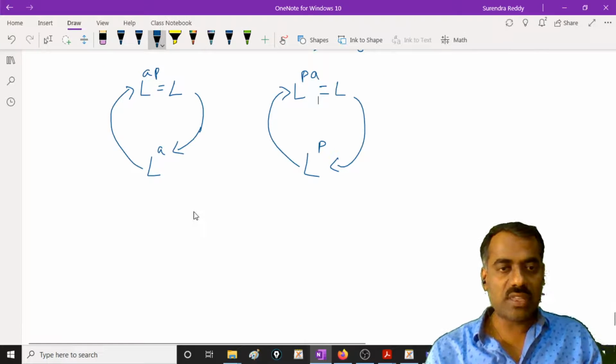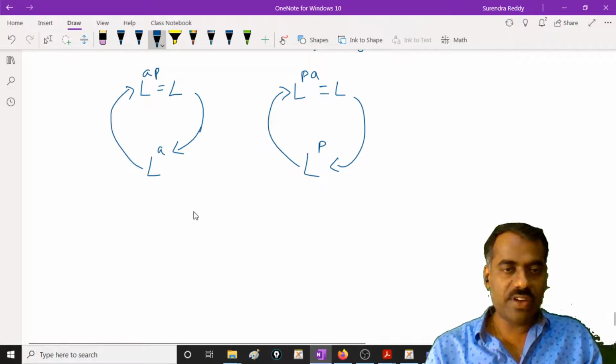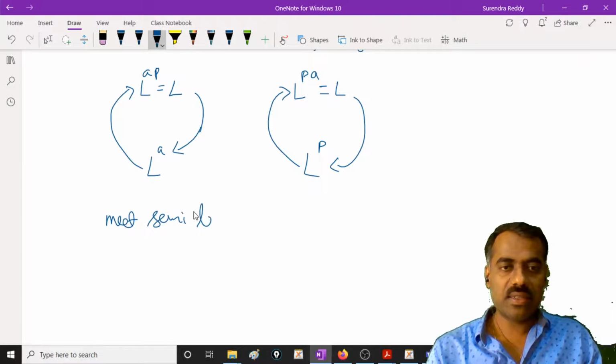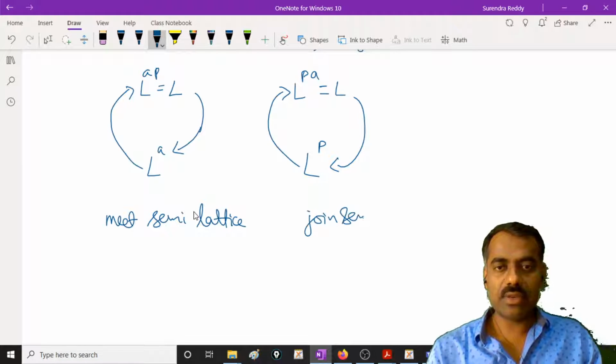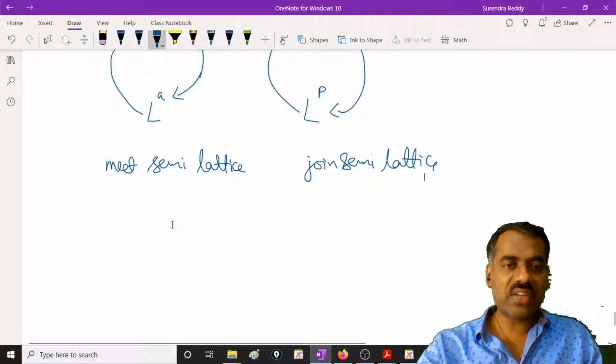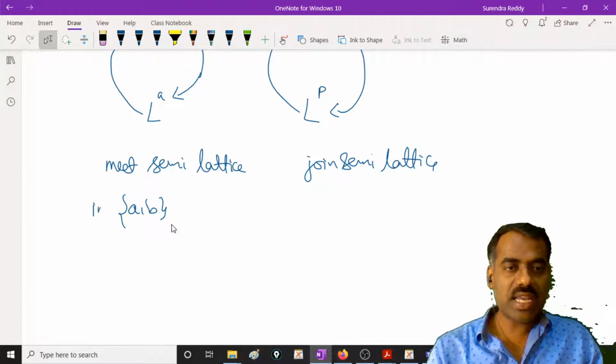Then we have also defined what is meant by semi-lattice. That means meet semi-lattice and join semi-lattice. So here only one condition is required, that is, take any two elements, then take their infimum.